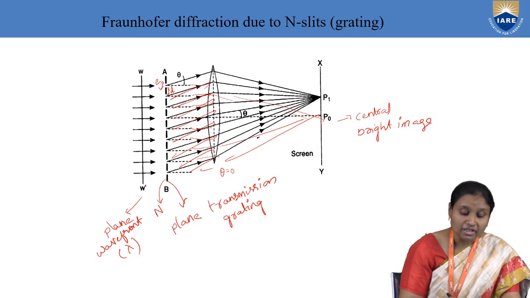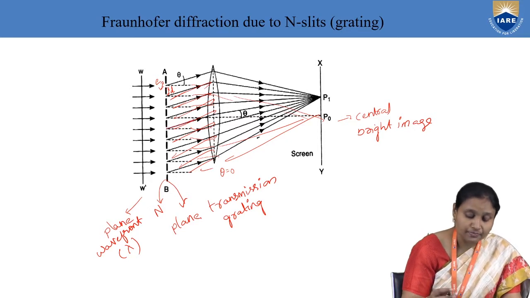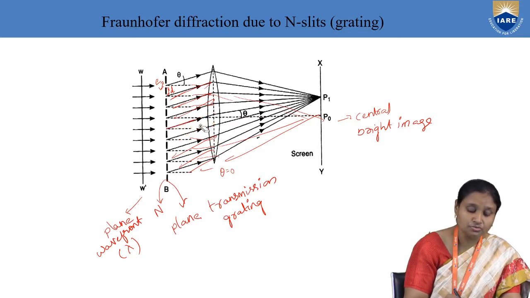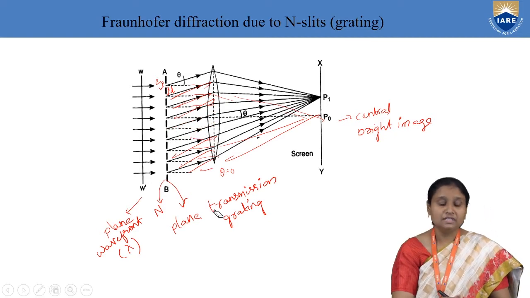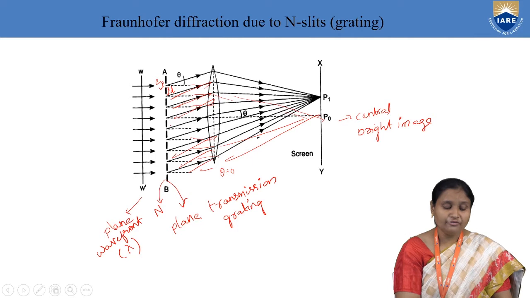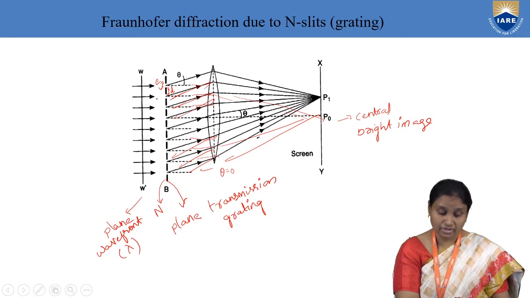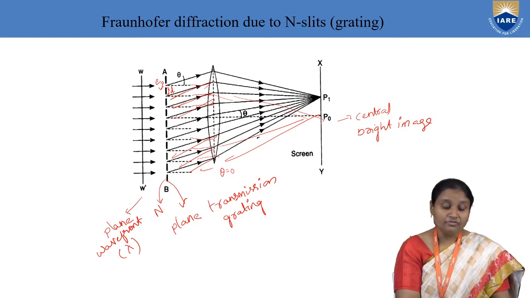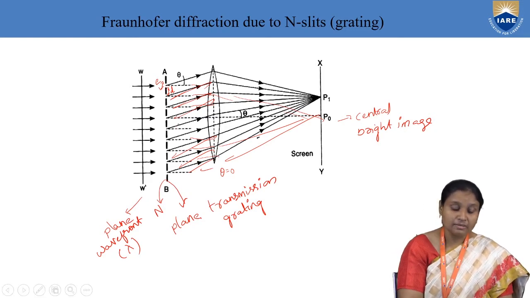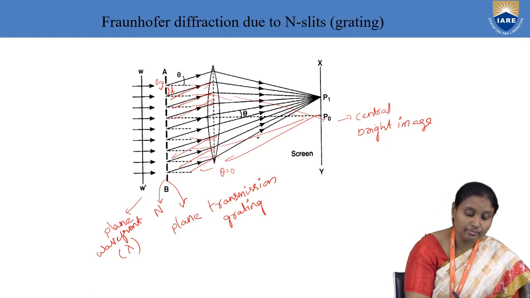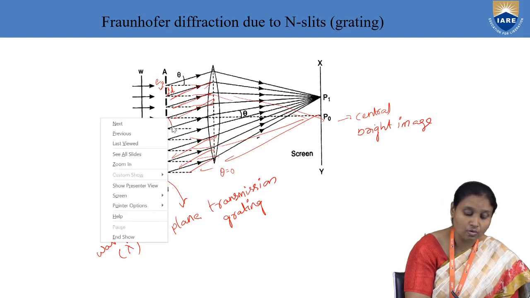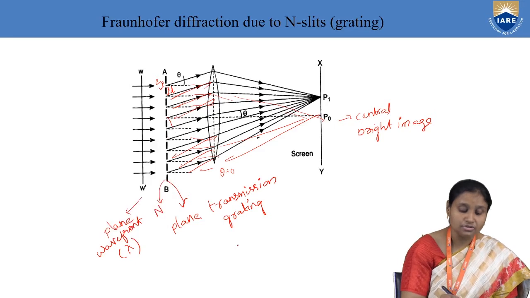Now I am taking two waves. What you will observe here is that there are many slits, and from each slit I'll get one diffracted wave, so take the diffracted waves from two adjacent slits. What is their path difference? In order to find the path difference, I have to draw one normal. So this is the normal drawn.